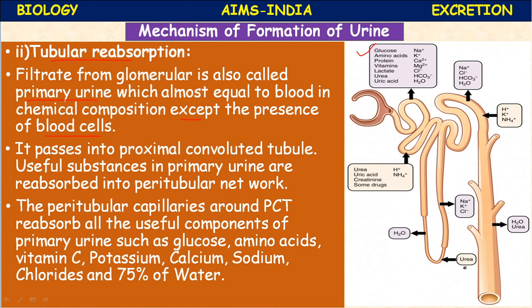Only urea is left over. So this urea passes on, and if any more water and salts are there, their reabsorption takes place. Finally water and urea are eliminated in the form of urine.